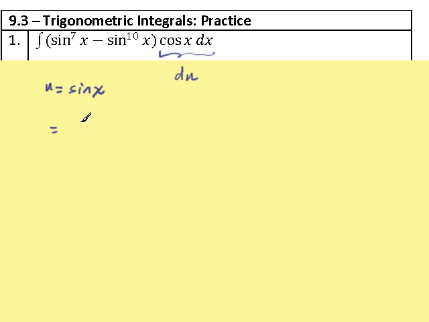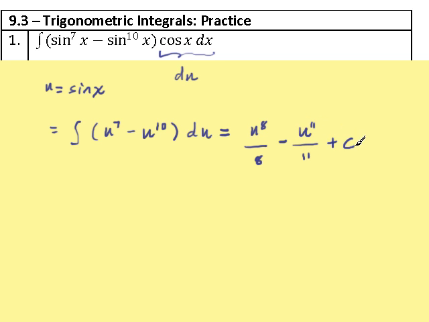So this integral becomes the integral of u to the 7th minus u to the 10th du. And we can just use the power rule to solve. And then just substitute back for u, sine x.